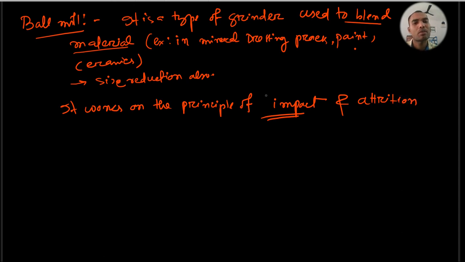As I told in my previous lecture also, impact is nothing but applying force for a very small time. For example, a hammer. Next, attrition. What is attrition? It is a rubbing action on the surface. So it works majorly on the principle of impact and less on attrition.